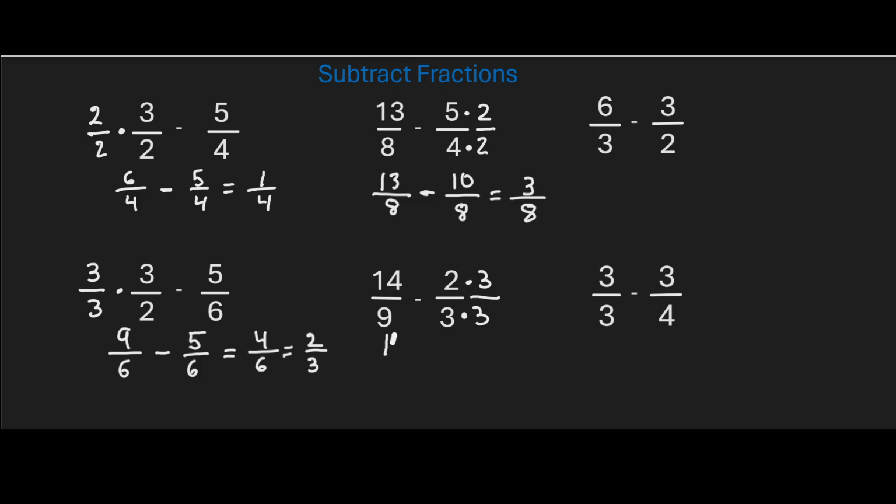I'm going to write 14 divided by 9, and that would be minus. And now what we have to do is multiply it. Okay, 2 times 3, that's how you get 6. And then 3 times 3, you get 9.